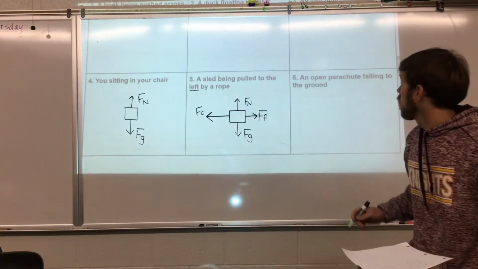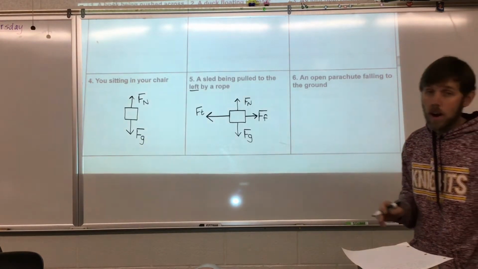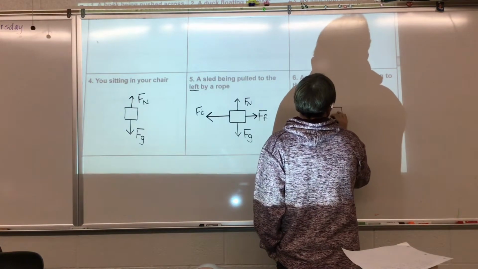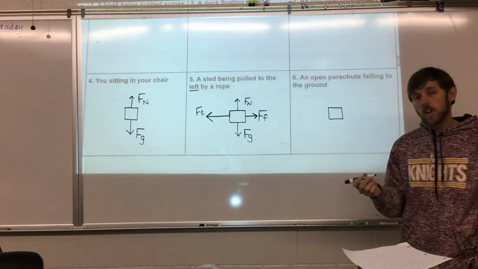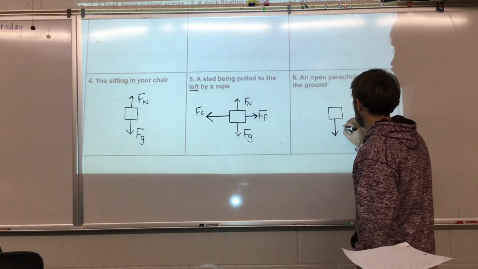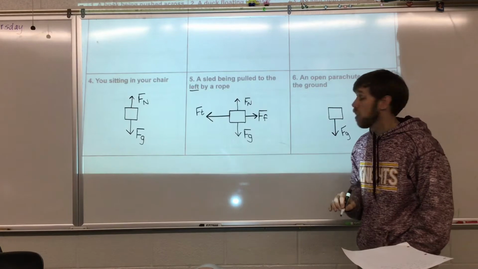All right, in the final free body diagram, this is an open parachute falling to the ground. So we're going to draw our box first, and now we have, it says falling to the ground, so we know there's downward movement. If it's going towards the ground, we know it's gravity pulling it down.